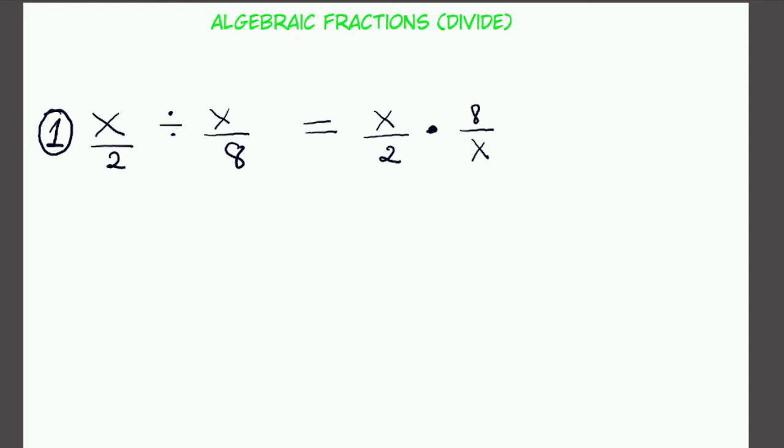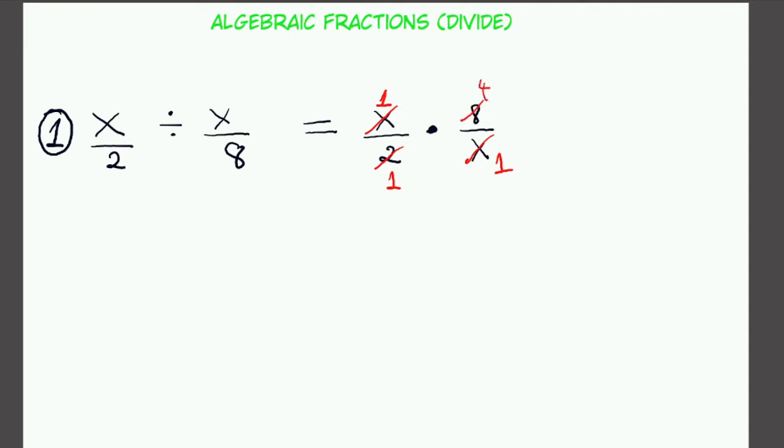Is there anything for us to factor? No, there isn't. What else can we do? We can cancel common factors. So x goes into x once, and it goes into this x once. 2 goes into itself once, and 2 goes into 8 4 times.